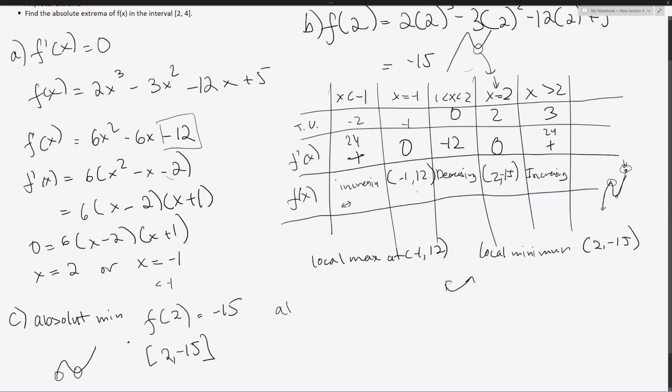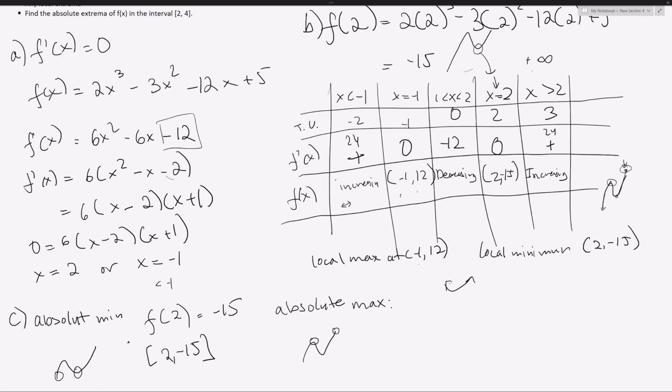Our absolute maximum is a little bit difficult to find if you don't have an eye for it, but I assure you it's pretty simple too. Again, if we look at the graph, we have a maximum here, and then we go up. We know that because over here it was increasing then decreasing, so this is a local max, as we already found out, but we're also starting at a local minimum and then going up. We're going to go up until we reach positive infinity, which will never happen, so technically we don't have an absolute max.